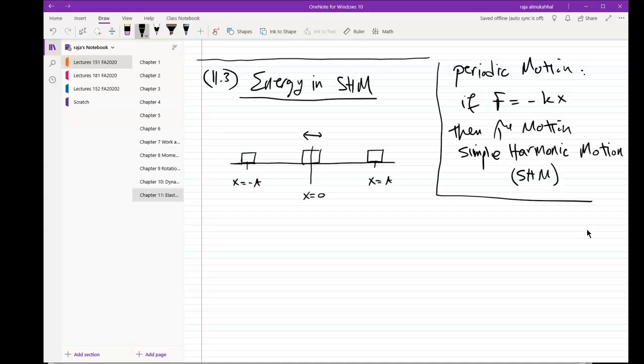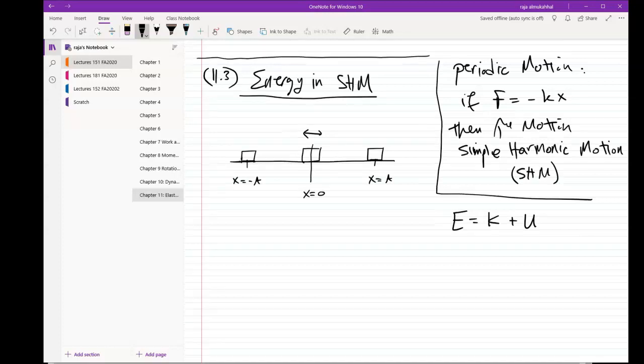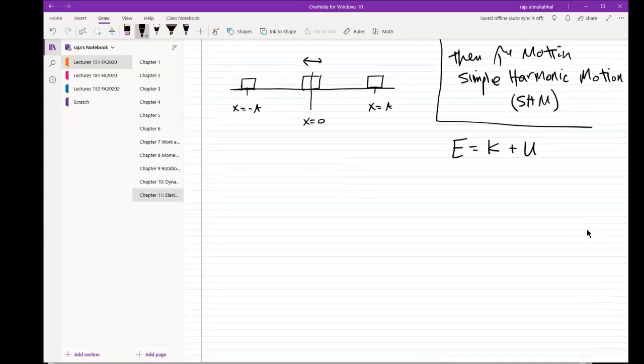Now we know that the total energy is equal to kinetic energy plus potential energy, correct? Now, for a spring, and I think we mentioned that in a previous chapter, the potential energy is equal to 1/2 kx squared. Remember that? That's the potential energy.